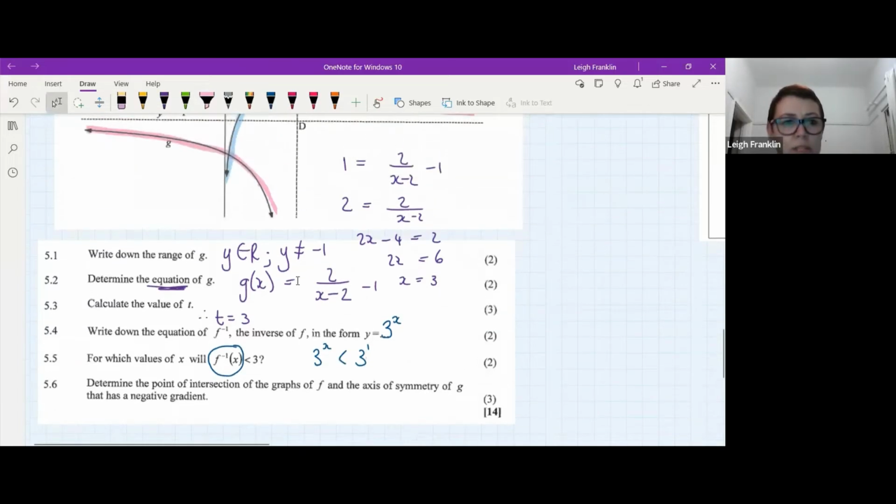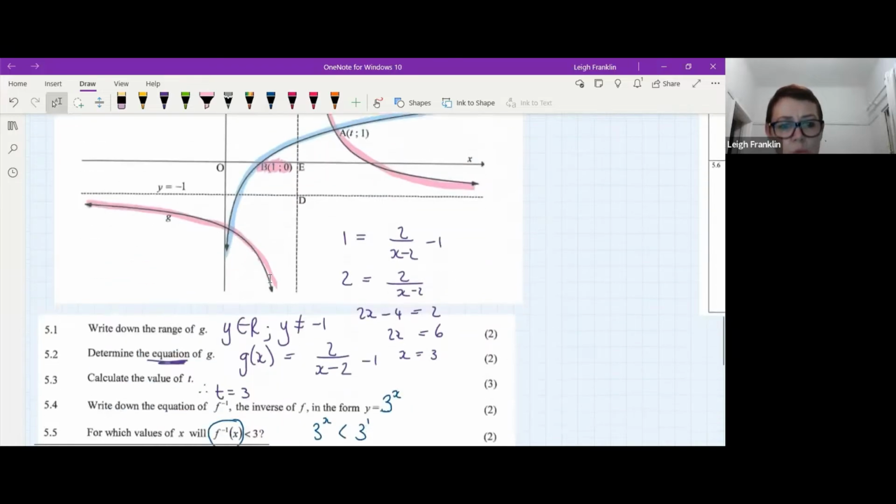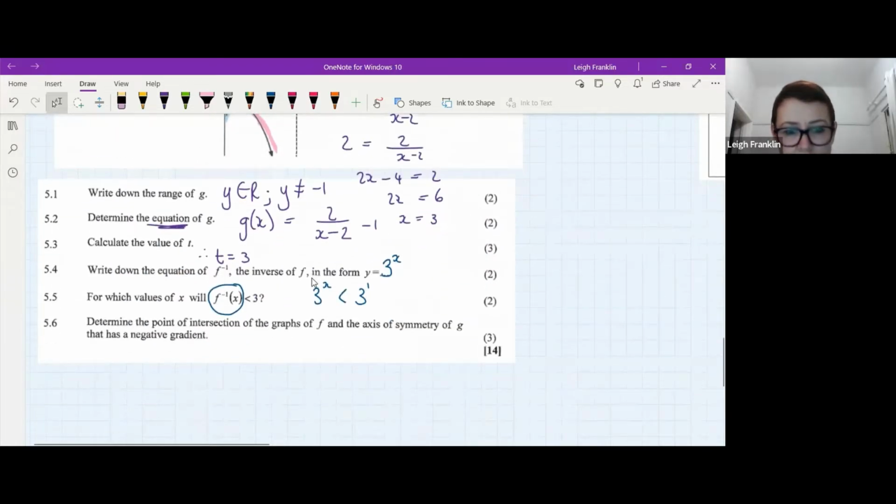So where will 3 to the x be smaller than 3? So now that I've equated my bases, I can say where x would be smaller than 1 with my exponents. All right, so I imagine there would be a mark for subbing in, and then another mark for the answer.